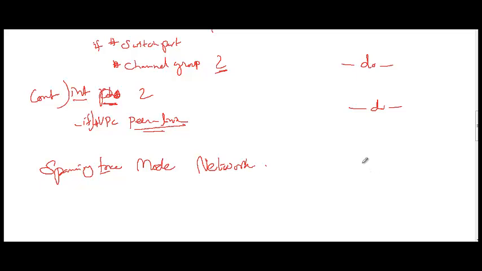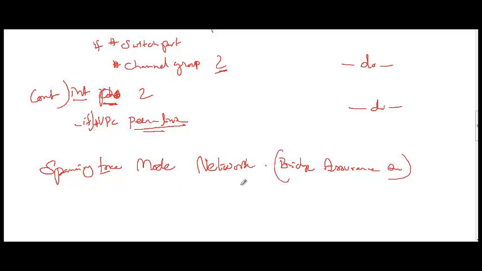When it goes to network mode, what we learned day before yesterday, bridge assurance, which is a loop prevention mechanism, will be enabled automatically.